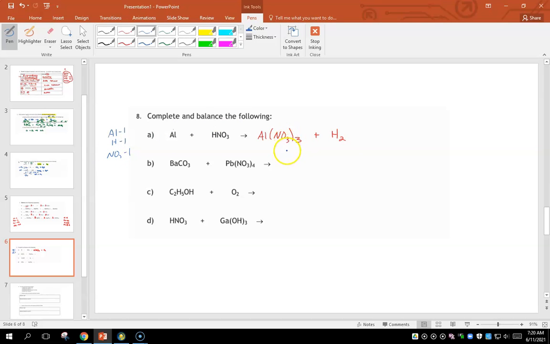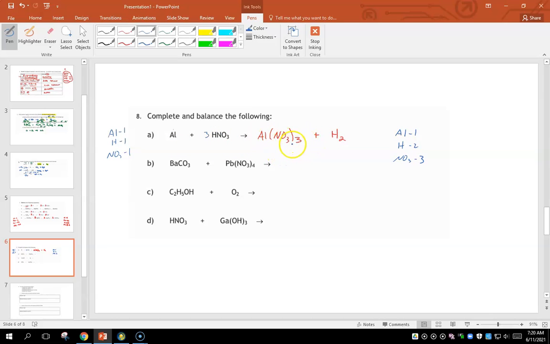Now, when I look over on this side, I have 1 aluminum again, which is great. 2 hydrogens, and 3 nitrates. All right? Now, if I assign a 3 here on this side, what happens is that gives me 3 hydrogens and 2, right? It does resolve the nitrate issue.